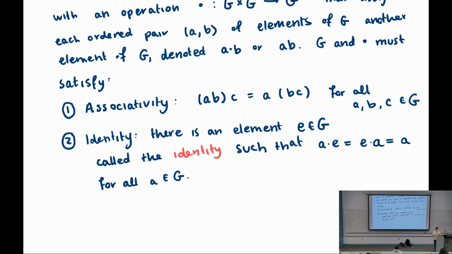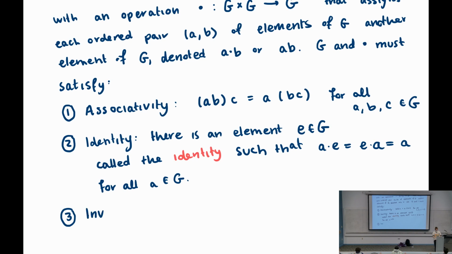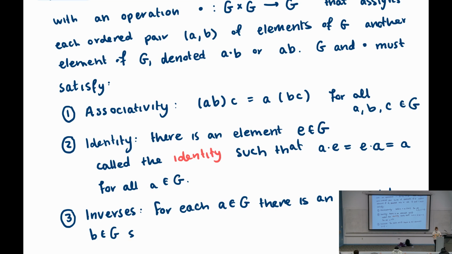And then the last axiom is inverses. For each element A in your group, there is an element B in the group such that A times B is equal to B times A, and that's equal to the identity.